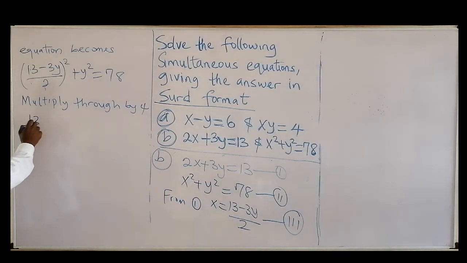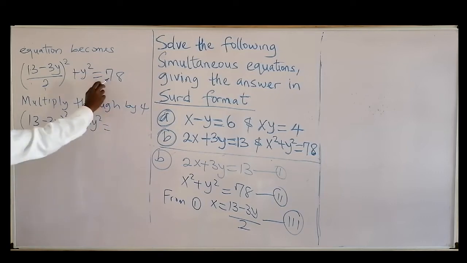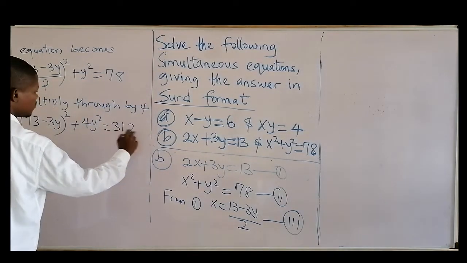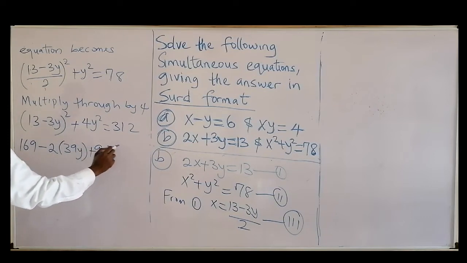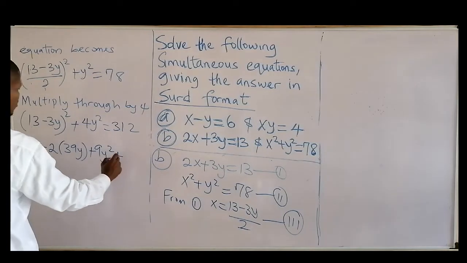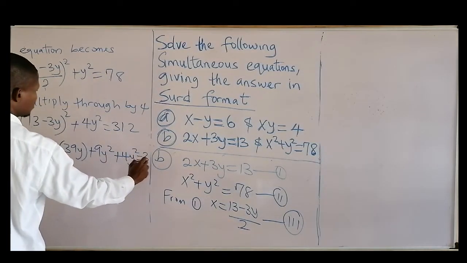So I will now have 13 minus 3y squared. This is fraction times 4, so the fraction here will go. And here also times 4, that's 4y squared. Here also times 4, so that will be 312. Then we can do the expansion for this, which will be equal to 13 squared, that's 169, minus 2 times 13 times 3, that's 39y, then plus 9y squared, then plus 4y squared equal to 312.